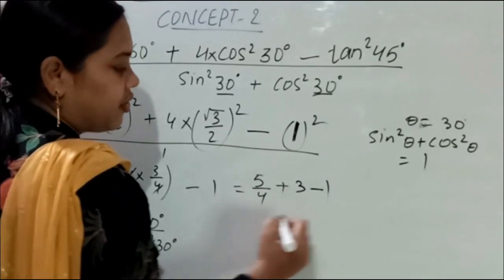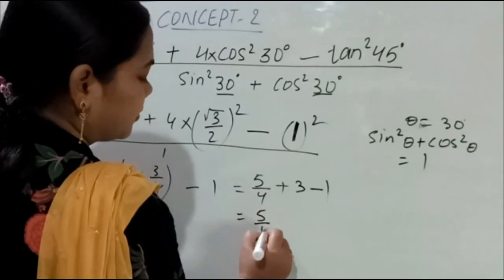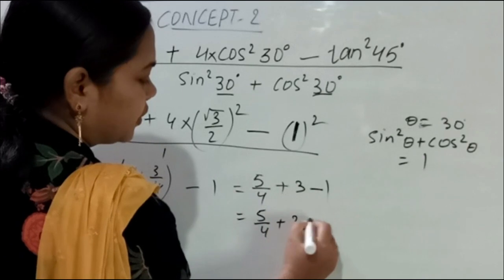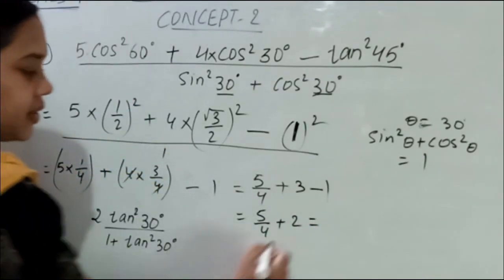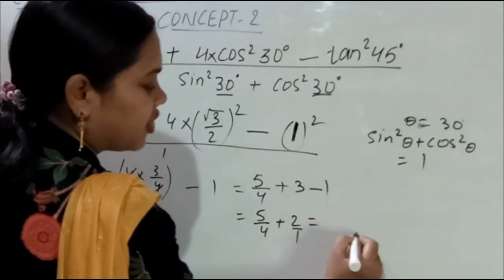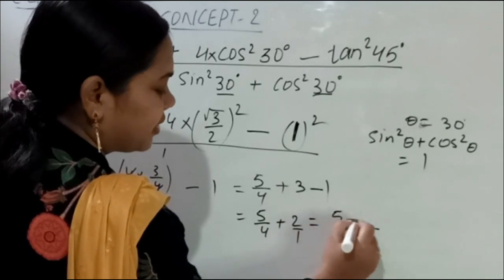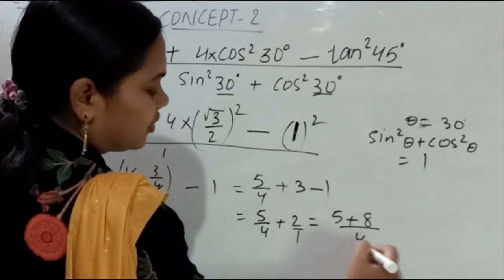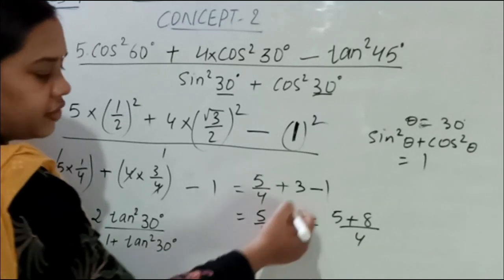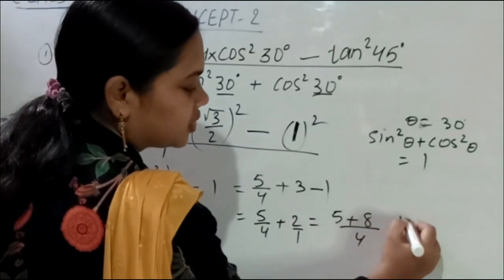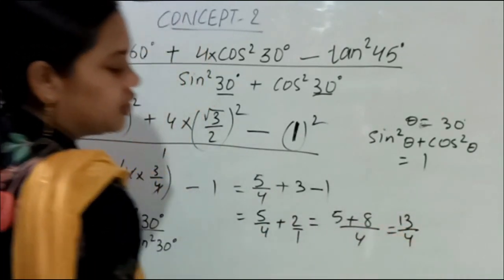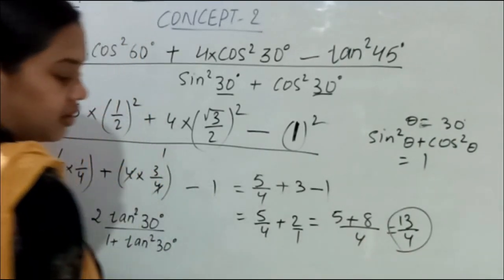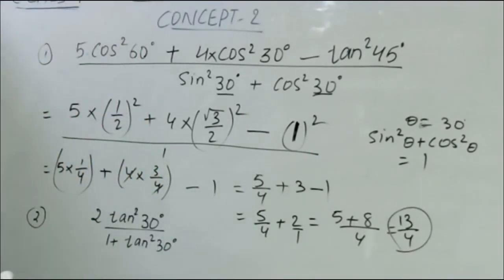So how much? 5 by 4, 3 minus 1, 2. Now take the LCM. 4 and 1, 4. So here 5 plus, 4 ones are 4, 4 twos are 8. 13 by 4. So your answer is 13 by 4. Clear?